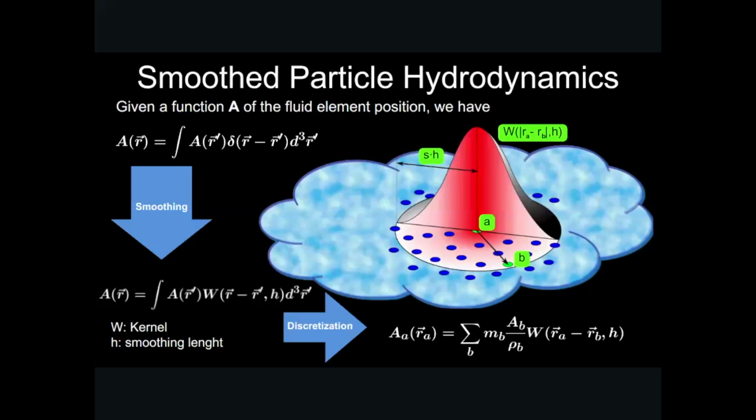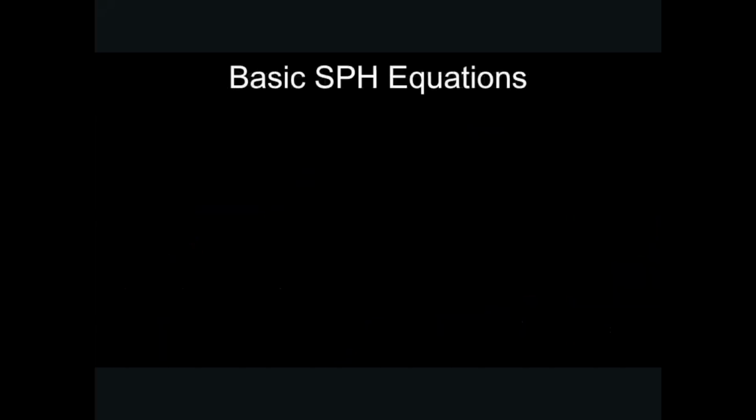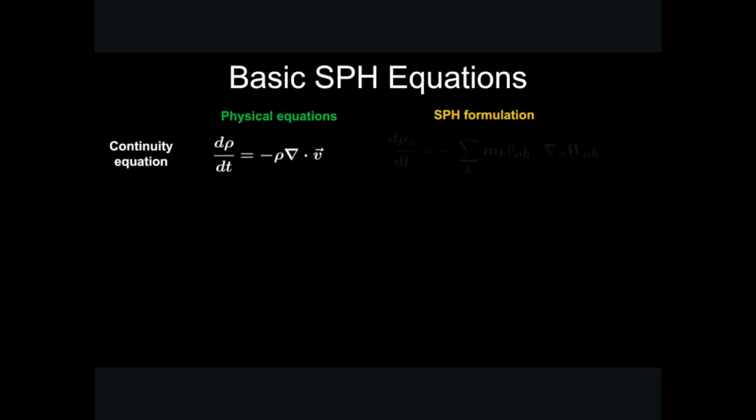And with this scheme, you can write all the basic SPH equations from the physical ones. So let's see them. We have the continuity equation, which rules how the density evolves in time. In the SPH formulation, you can write it like that. I want to stress that you have only summations of known quantities. And the interesting thing is that when you have derivatives with respect to space, they always go onto the kernel derivatives.